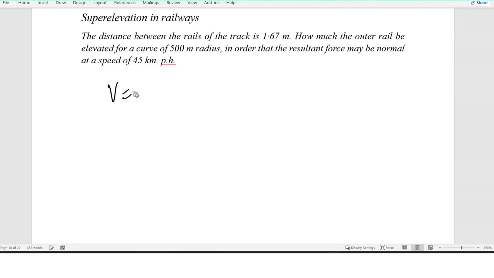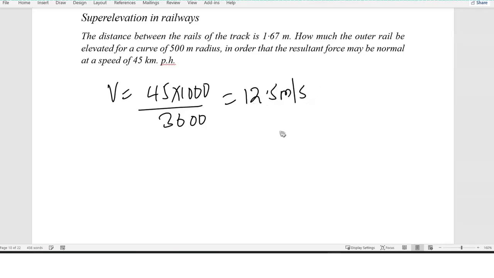So the speed V is 45 times 10 power 3 divided by 3,600. And this gives us 12.5 meters per second. The R is 500 meters.